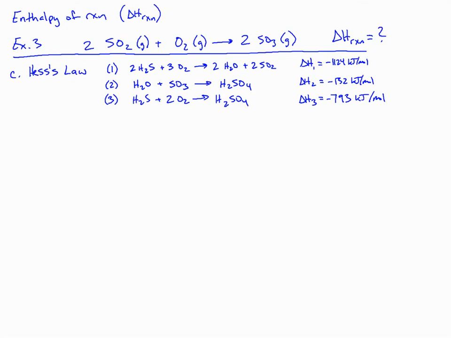And we have three reactions that all happen to make this one reaction. So for reaction one, here's the reaction, here's delta H. Same for reaction two, we have a delta H. Reaction three, we have a delta H. So we need to learn how to put these together in order to find the delta H for this sum reaction, the 2SO2 plus O2 yields 2SO3.